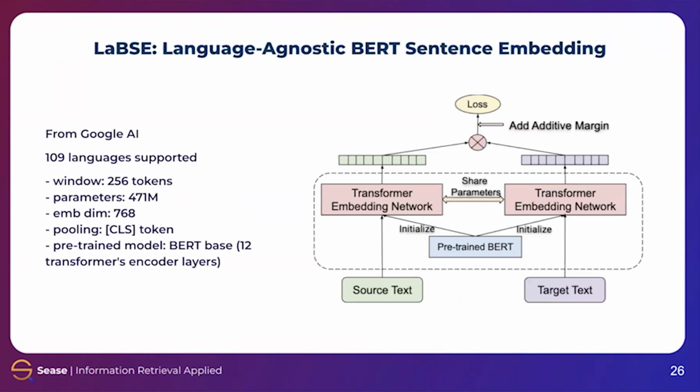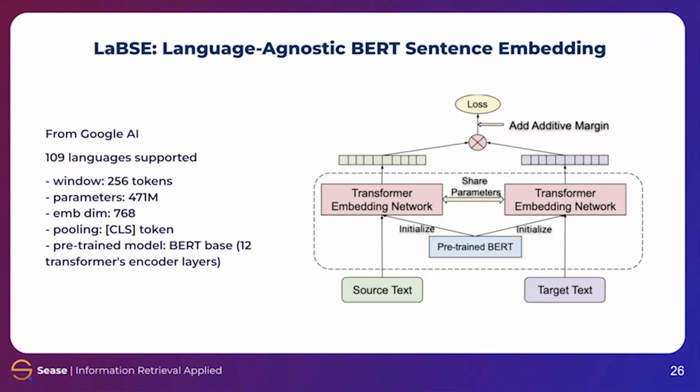The three models I picked are, first, LaBSE, the language-agnostic BERT sentence embedding. This is from Google AI. It claims to support 109 languages. But when someone looks at the corpus actually used to train, there are very low-resource languages, so the output is a bit more unpredictable.